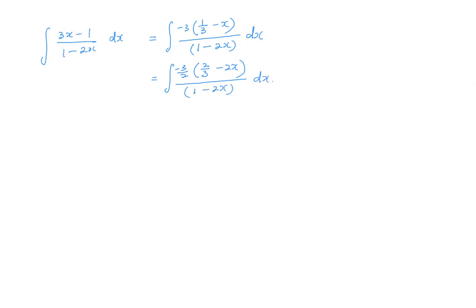You know what I am doing? I'm creating the -2x there. Then after that, I just put -3/2. This one I can take out because it's a number. So it's 2/3. I want to have a +1, so I put -1 + 1.